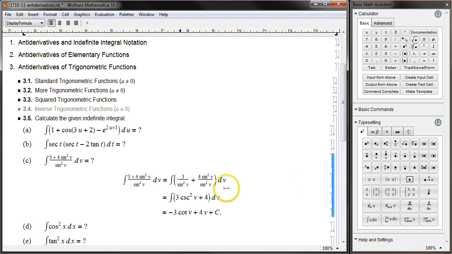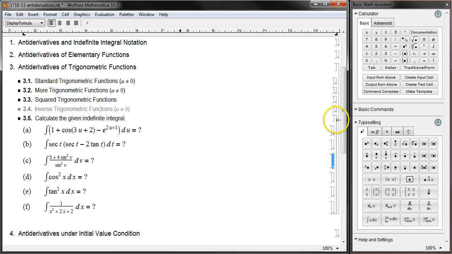A little bit harder this time because you have to separate the numerator and simplify, but the second term was straightforward. But the first one, cosecant squared, you're simplifying like that because you're anticipating the antiderivative of negative cotangent in advance. So it's a little bit higher level, but that's something you can definitely understand.